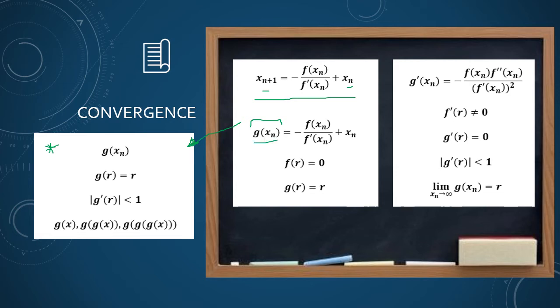So we call this g of x of n, and this is the function. And I want you to notice something, that f of r is equal to 0. And so if we plug in r into our, oh, wow.